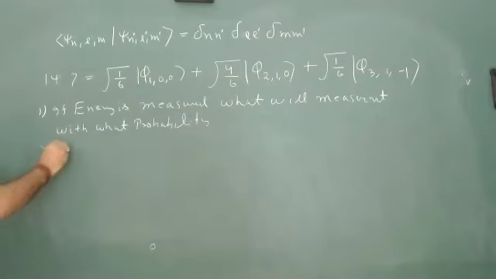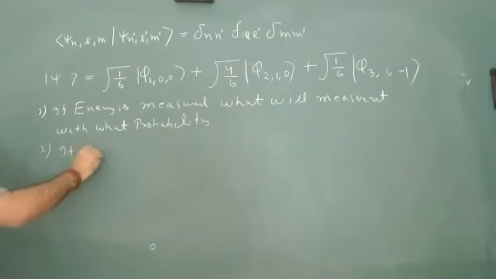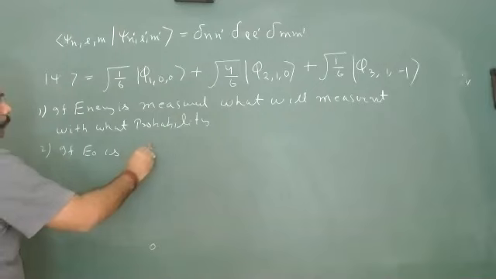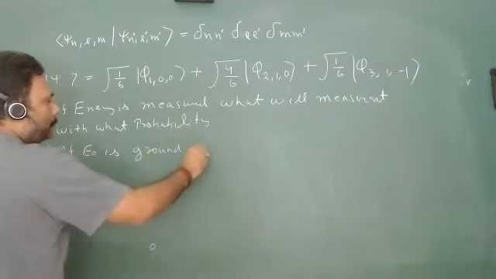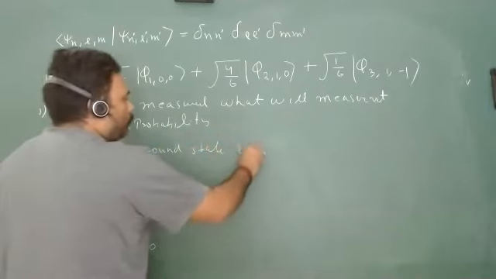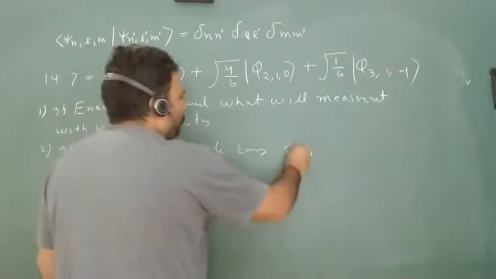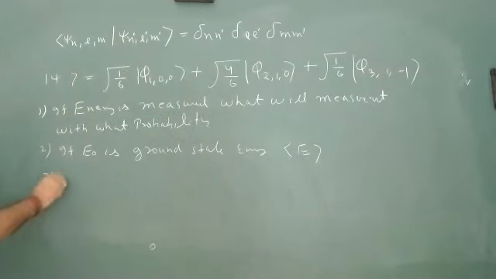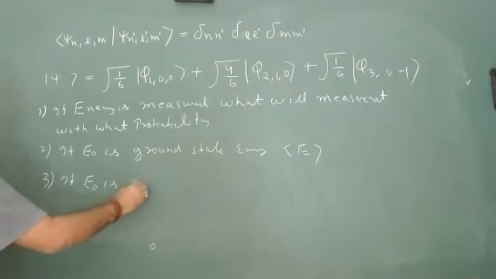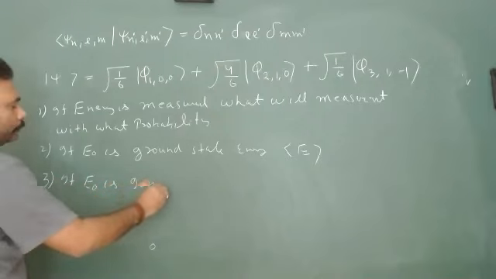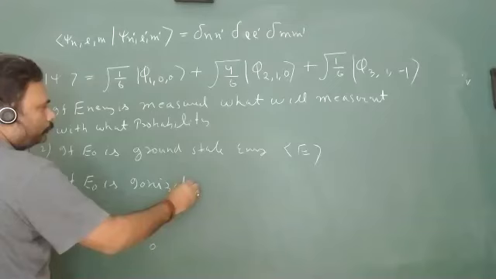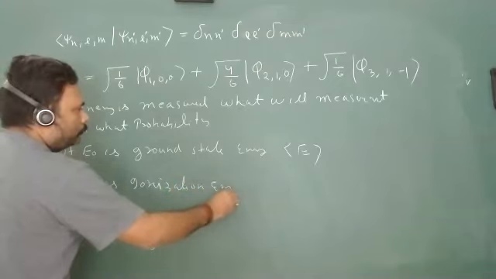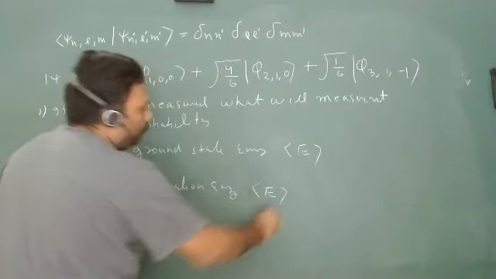Second, if E naught is the ground state energy, find the expectation value of energy E. Third, if E naught is the ionization energy, find the expectation value of energy.